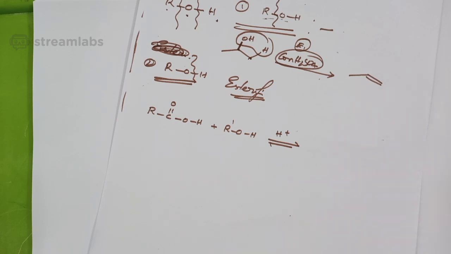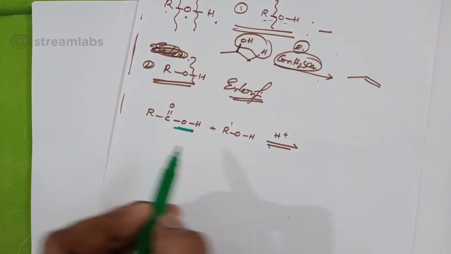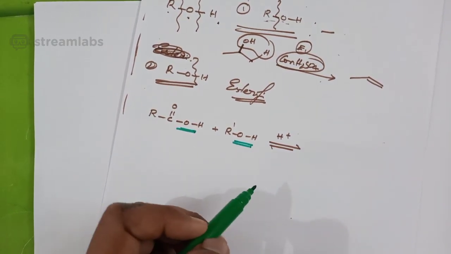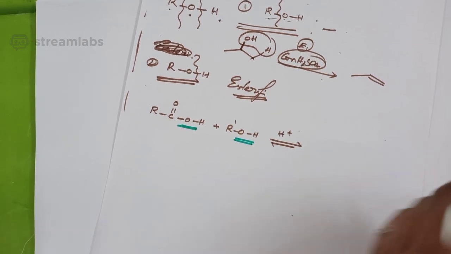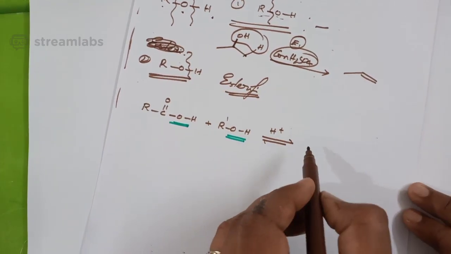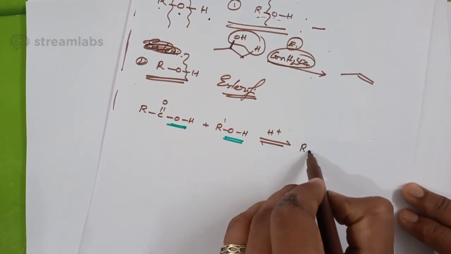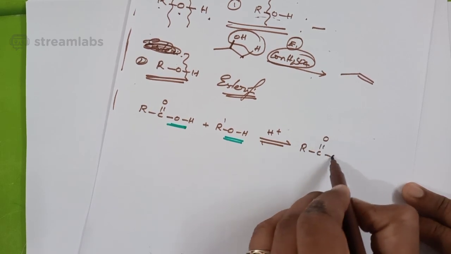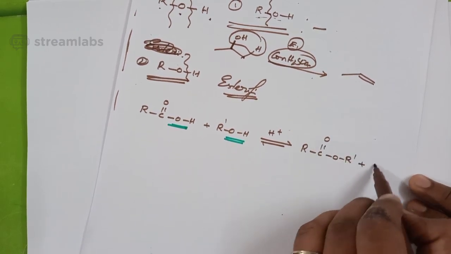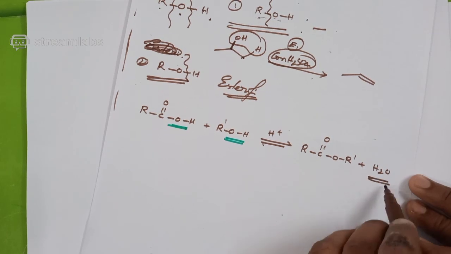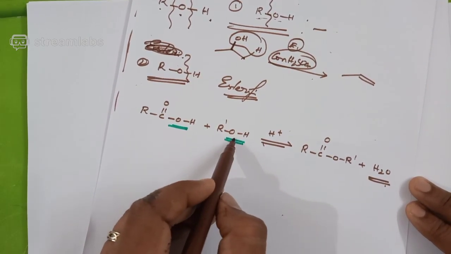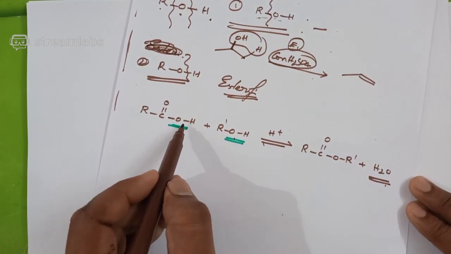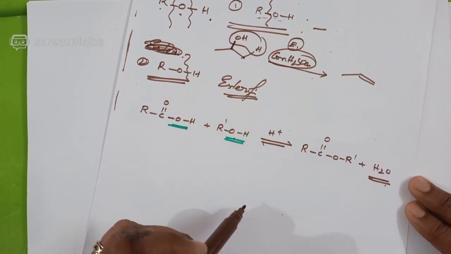Now the question is whether the OH is removed from here or from here. That is very important, because the final answer is what? H2O is removed, and it gives RCOOR dash plus H2O. We need to know whether this H2O is removed from this OH and here H, or here OH and here H.